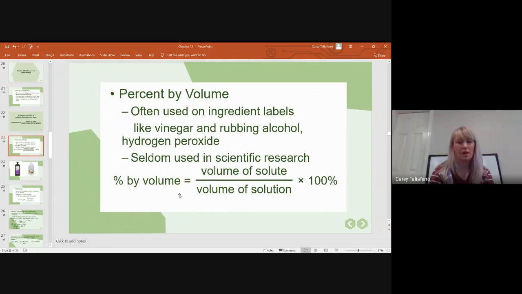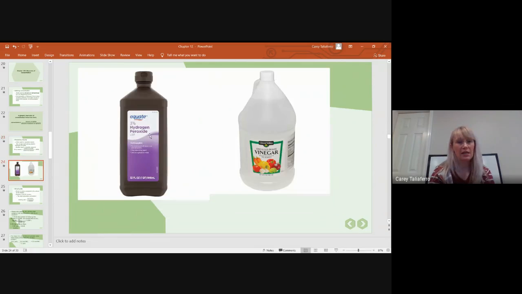So what that means is that your volume of solute divided by the volume of the total amount of solution gives you 3% hydrogen peroxide. So that entire solution, back to this bottle, is basically 97% water, 3% hydrogen peroxide.